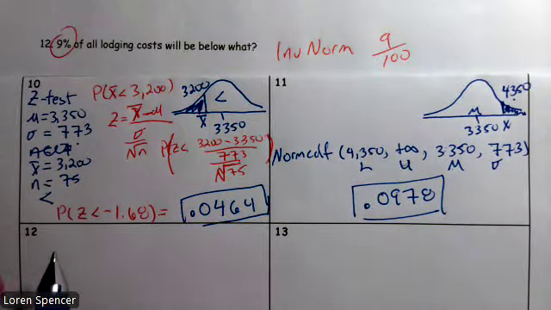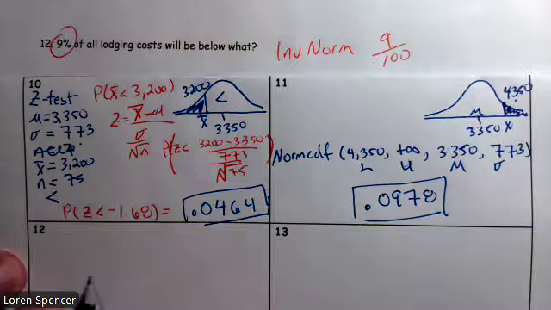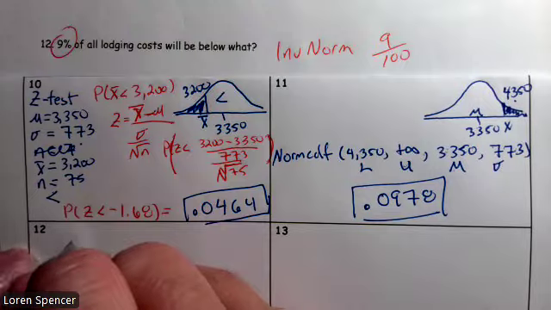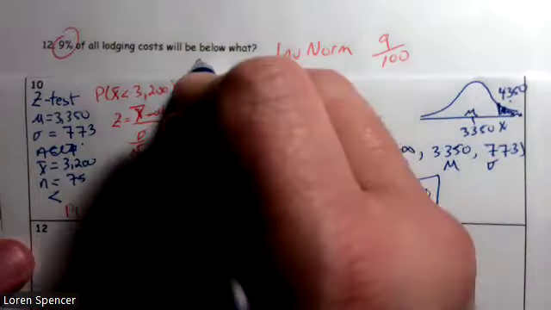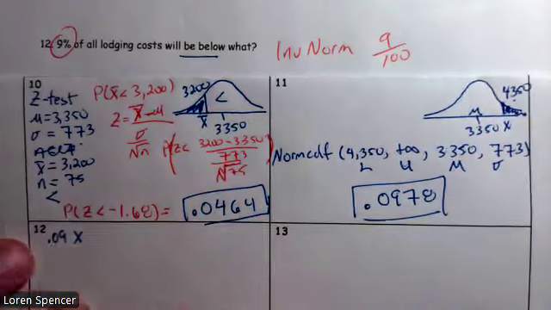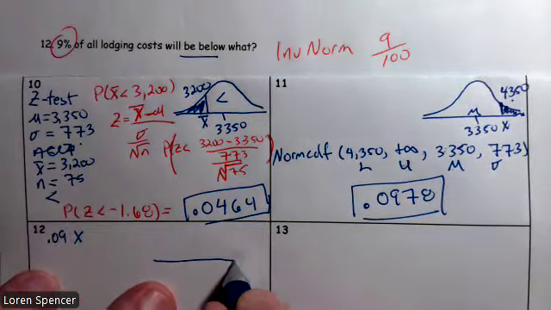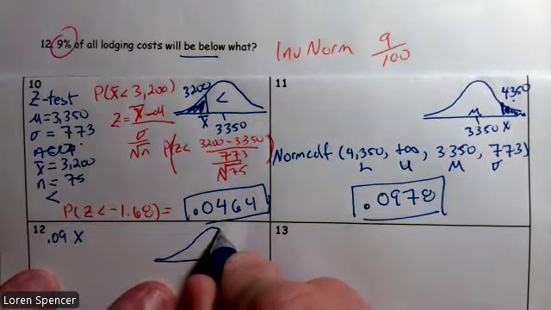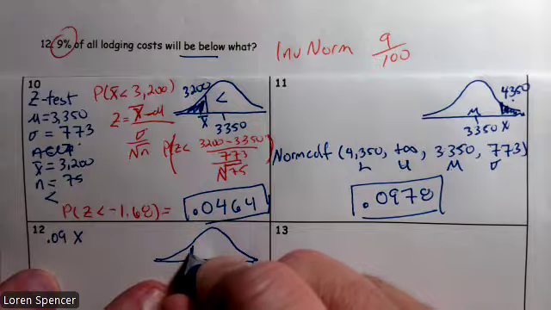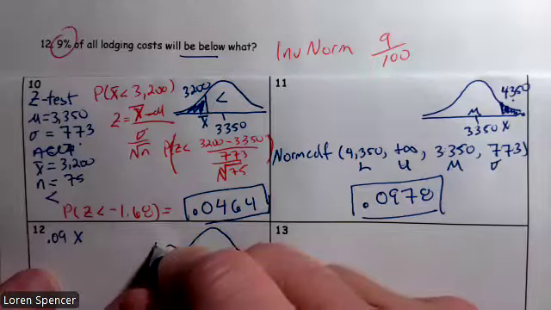So in this case, I'm looking at number 12. I'm going to draw my X. This says the word below, that means I need to be below X. So 0.09 is going to be below X. That lets me know how to draw my graph. So my graph's going to look like this. 0.09 is here.